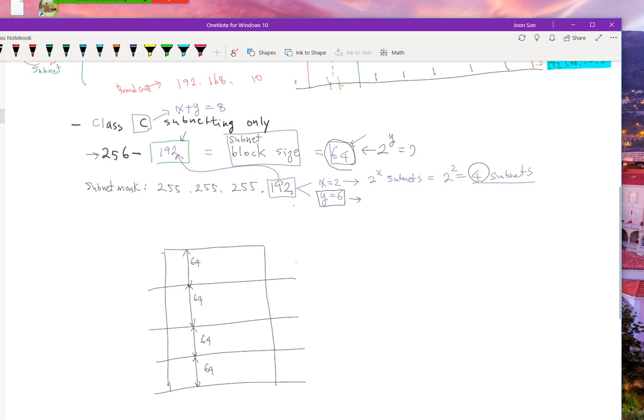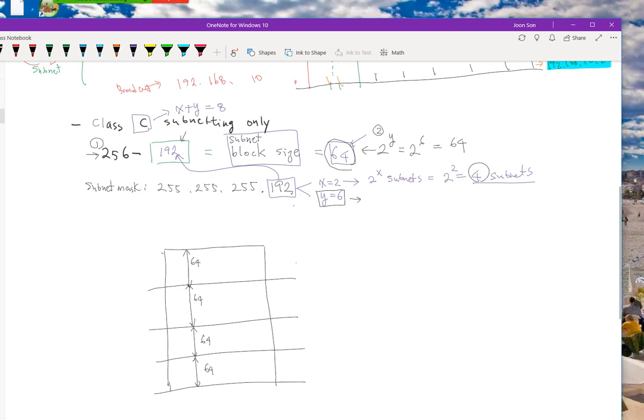In our case it's 2 to the 6, meaning 64. You can use either formula to compute the block size for each subnet. So this is subnet number 1, subnet number 2, subnet number 3, and subnet number 4.